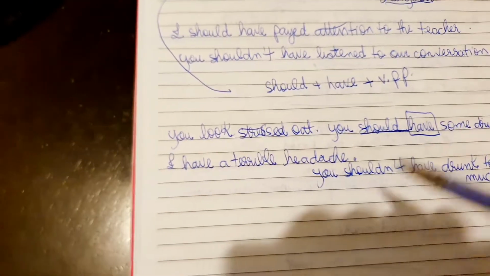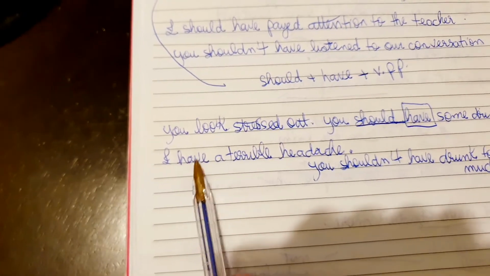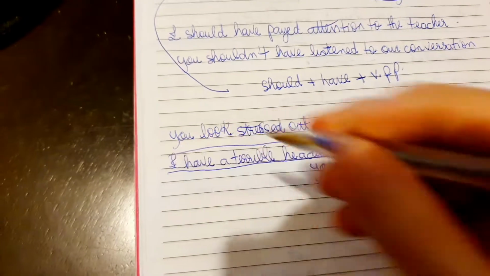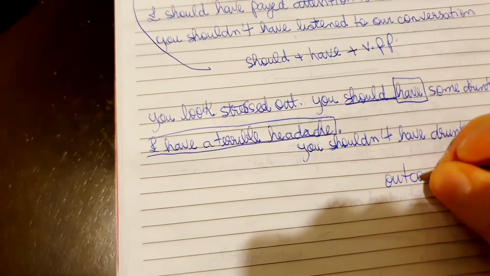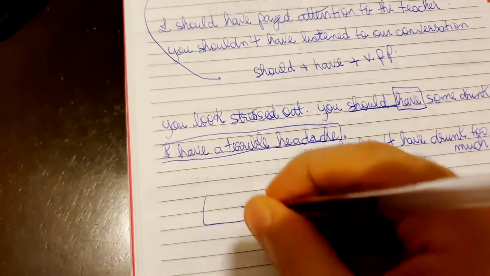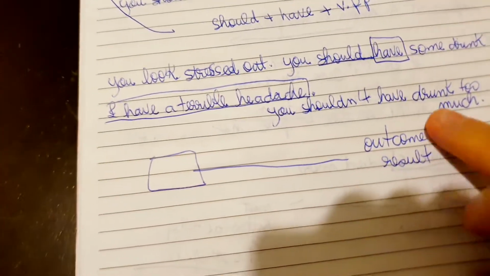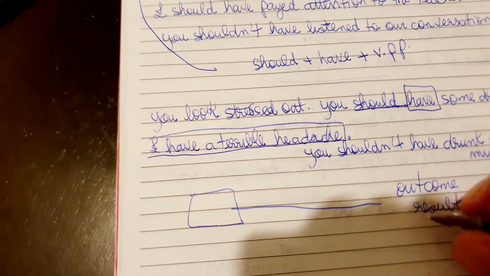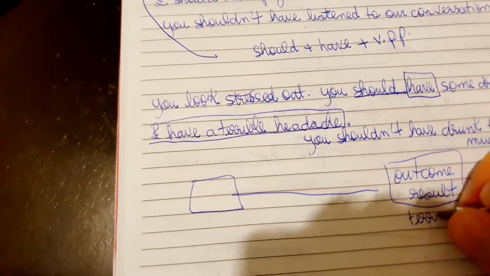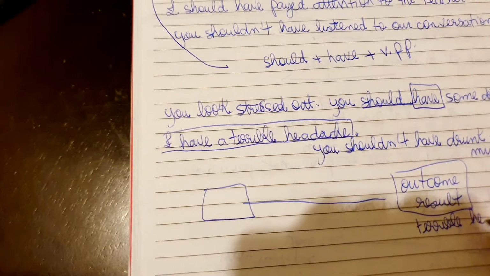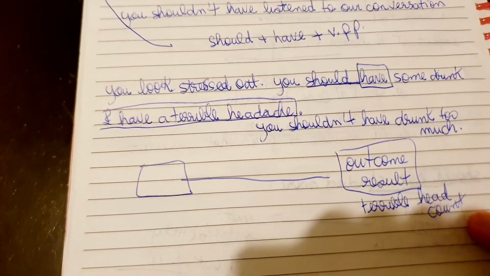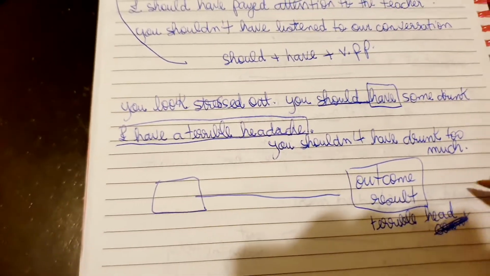Here, no. It's another situation in which I have a terrible outcome. It's a result of something that I have done. I did something and had this outcome or result. What's the outcome or result? I have a terrible headache. So let's investigate what's the cause. What probably caused you to have a headache?